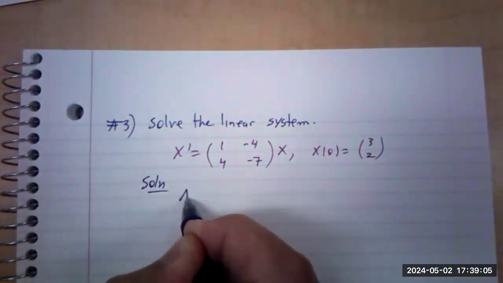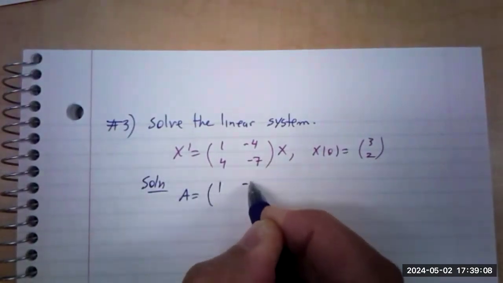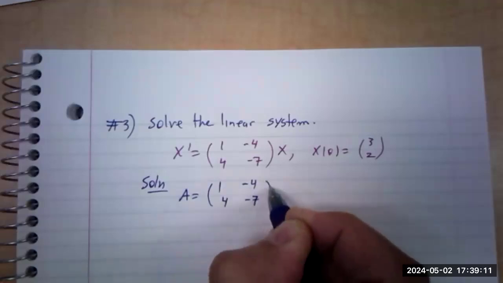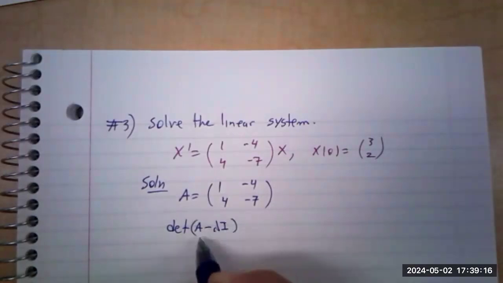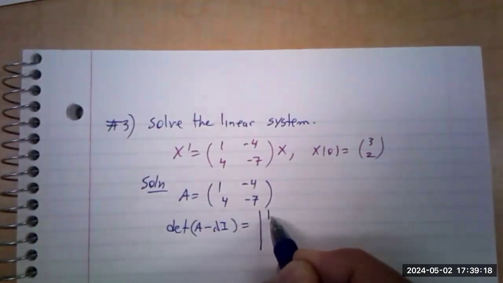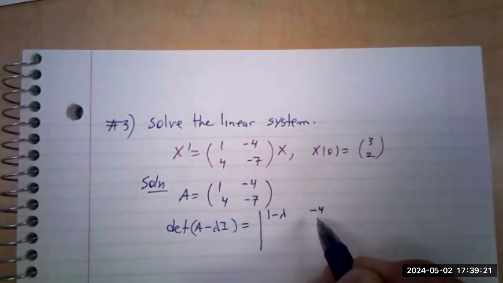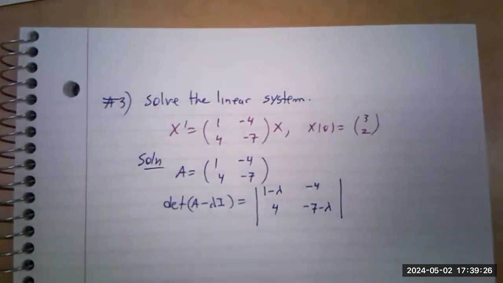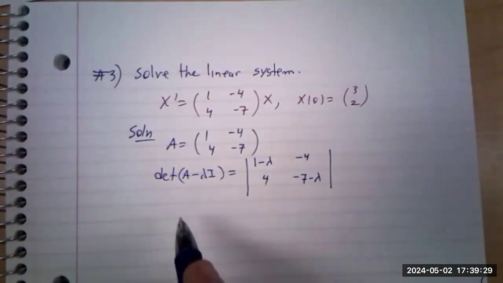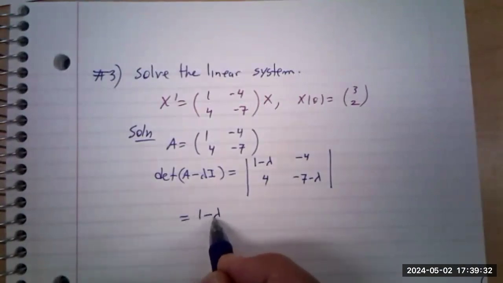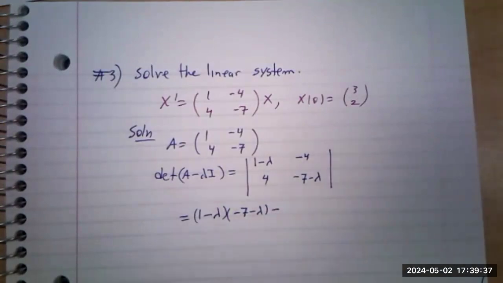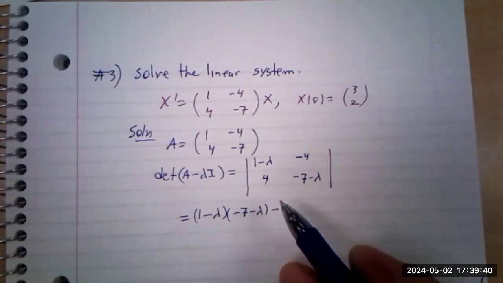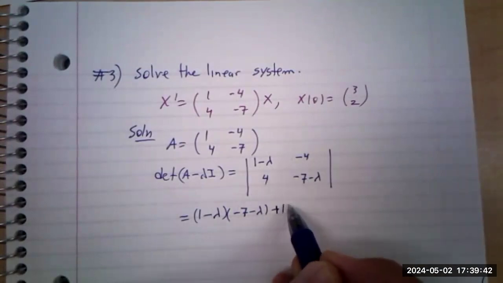Get the matrix of the coefficients. So we get 1, -4, 4, -7. Get the determinant of A minus lambda I. This one: 1 minus lambda, -4, 4, -7 minus lambda. Get the determinant. It's going to be equal to, cross multiplying, (1 minus lambda) times (-7 minus lambda) minus, that gives you -16, but remember there is a negative sign here, so make it positive 16.